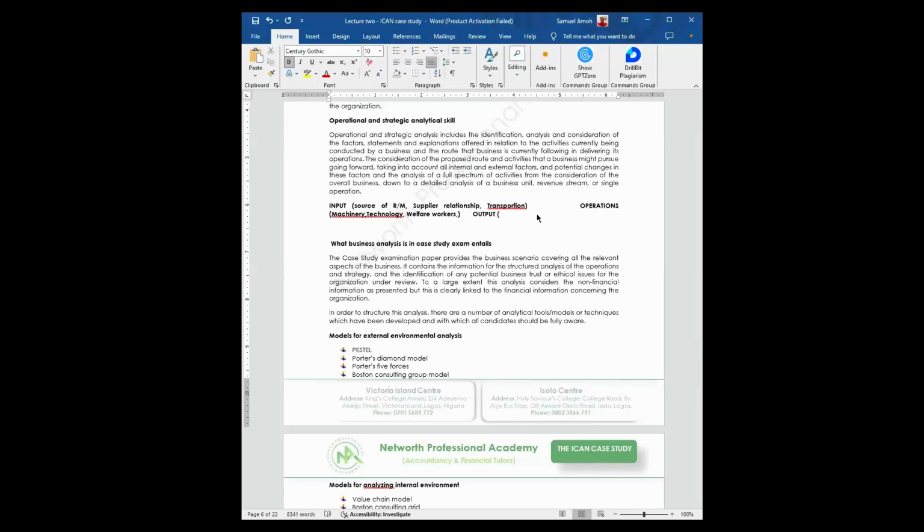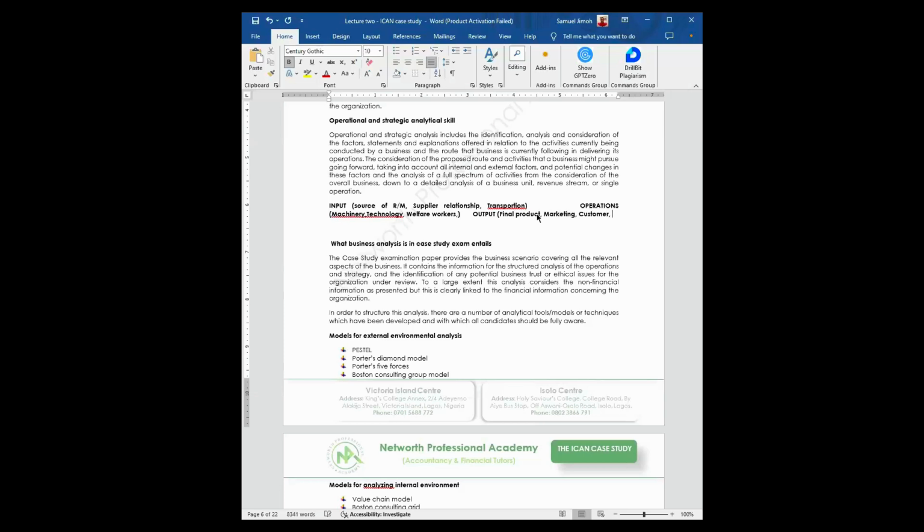So we can talk about the output, as to the quality of final product. What is the quality of final product? What is the marketing activity being done? What is the customer relationship?